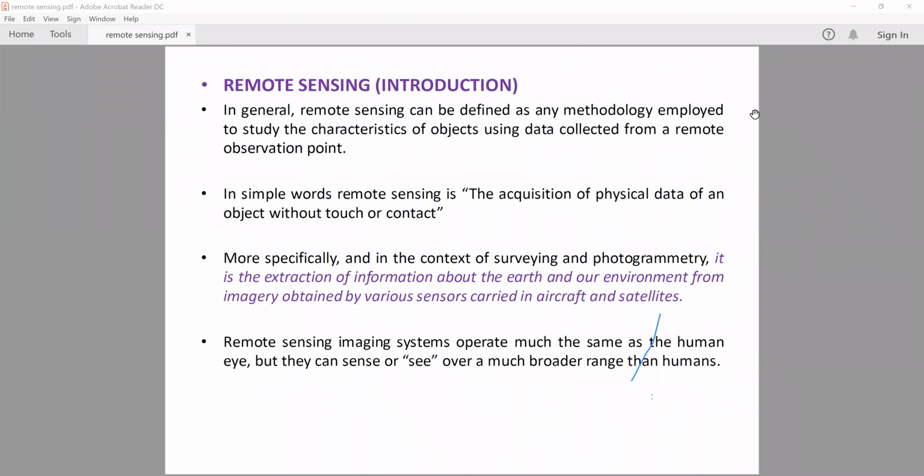So very briefly, it is the acquisition of physical data without touch or contact. More specifically, it is the extraction of information about the Earth and our environment from imagery obtained by various sensors carried in aircraft and satellites. So using the word sensors over here, that means it's not just limited to photographs. We have different sensors that we will talk about, different ways of obtaining information, and it depends on which information we want to gather.